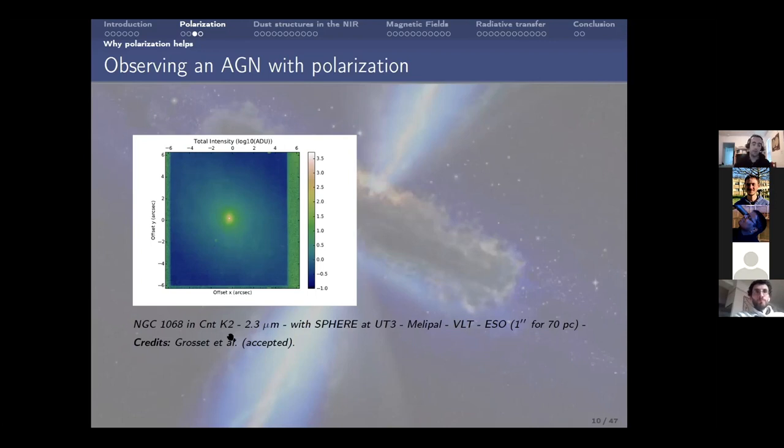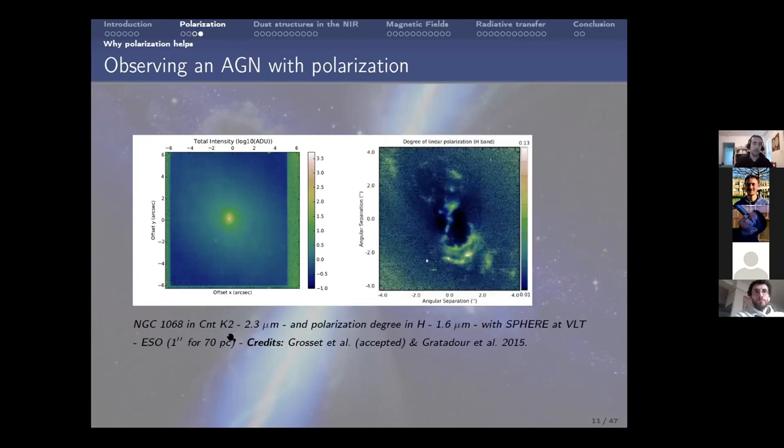But if you turn on the polarization, you can really see these structures appearing. This is an image we observed with Damien and Daniel with SPHERE 6 years ago, and you're probably already familiar with that. You can see in polarization all the regions where the mechanisms I've been talking about before are happening.